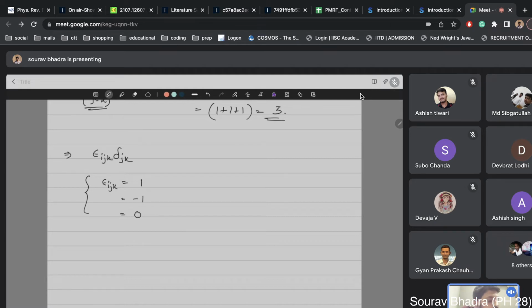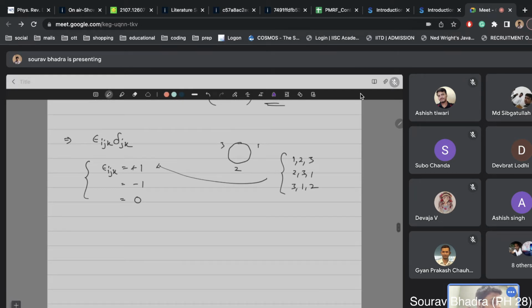For which case will it be 1? Write 1 2 3 in the cyclic form. When the indices ijk are cyclic, that means 1 2 3 or 2 3 1 or 3 1 2, for these combinations the value will be plus 1.